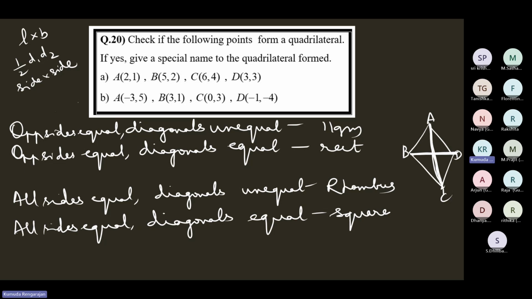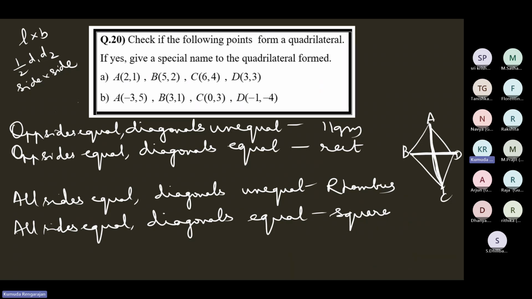Again, if they ask you to show that it's a rhombus, it's already a quadrilateral. So just find the sides. If all the sides are equal, it's a rhombus. Otherwise, it's a quadrilateral, that's all. It's not a rhombus. So when should you find the diagonals?